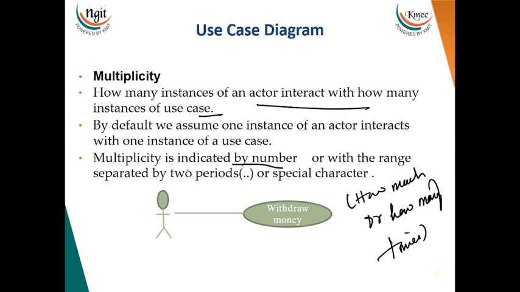Correct? Then multiplicity. How many instances of an actor interact with how many instances of use cases? By default, we assume one instance of an actor interacts with one use case. Multiplicity indicates how many times it is going to interact.